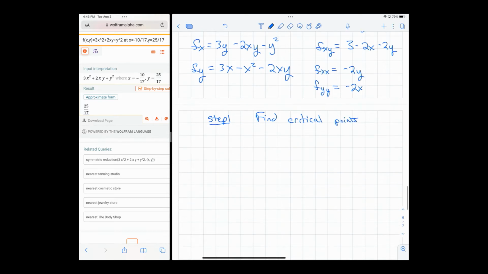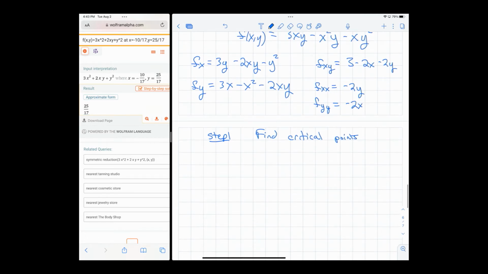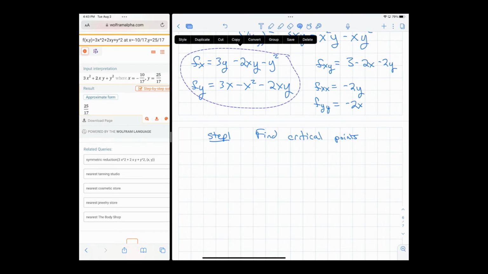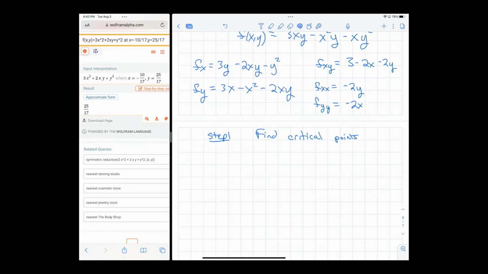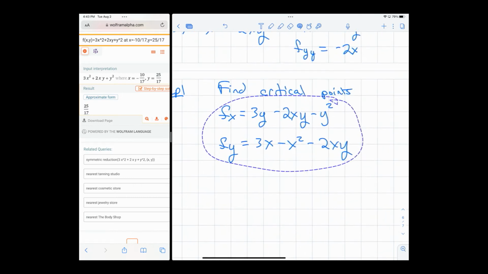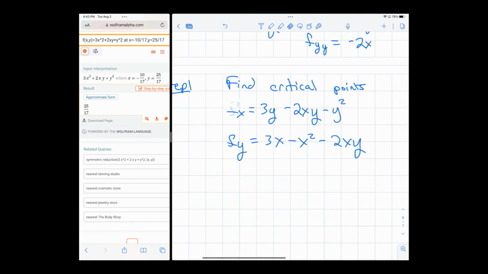So we need to set fx and fy equal to 0, or look where they're undefined, but of course these are not going to have a place where they're undefined. So here are our partial derivatives. We are going to set them equal to 0.